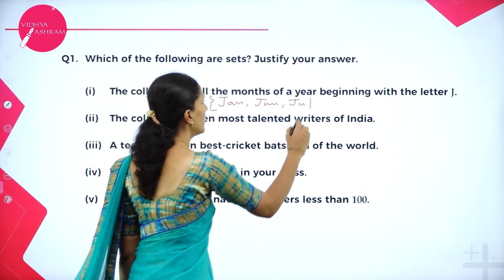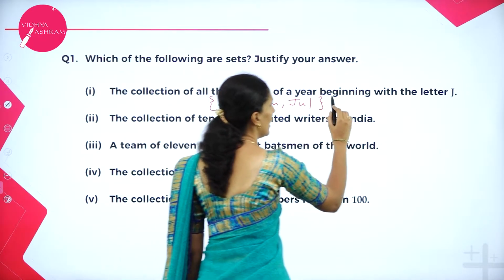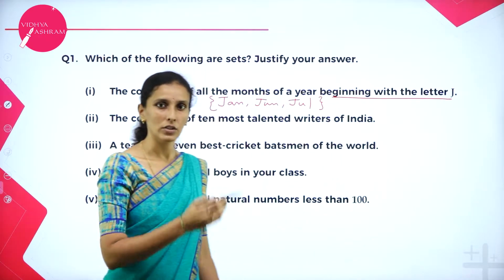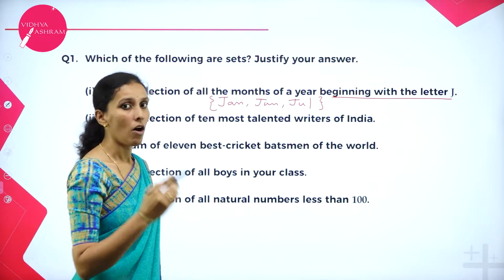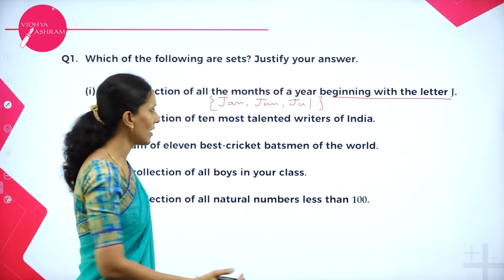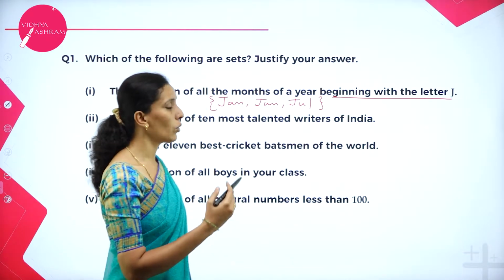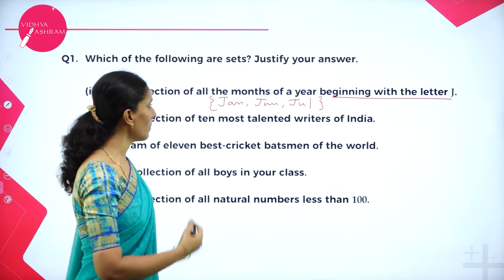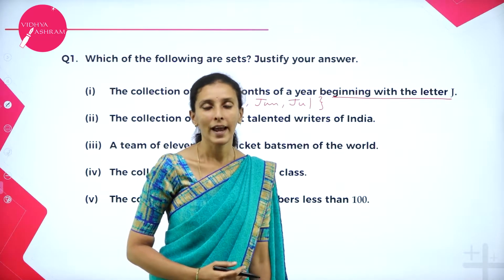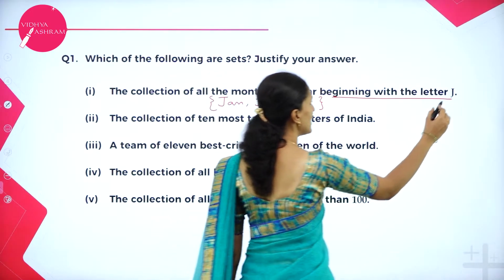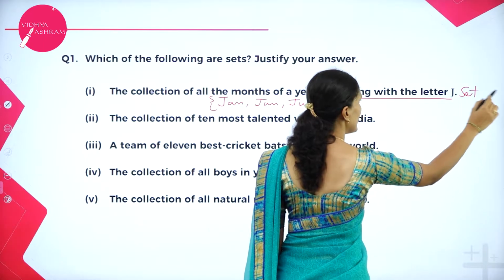So they cannot form a group where the letter is beginning with J. All of you will have the same answer when I give the question. That is the collection of all the months in a year beginning with letter J. So your answer will be January, June and July. So therefore, this is an example for set.